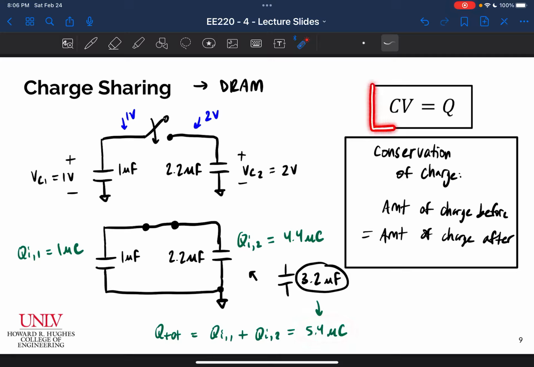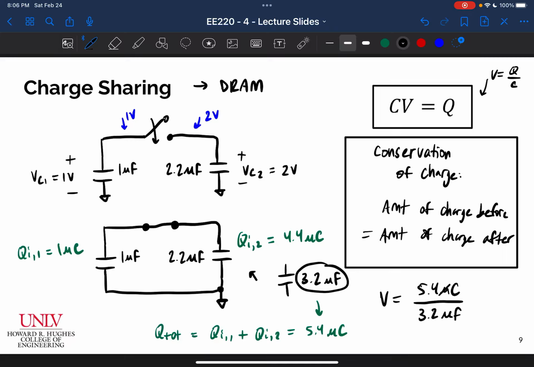So if I just rearrange this equation to solve for V, I can figure out what this node voltage is, okay? V, if I were to rearrange this, would be Q over C. So if I write my final charge, which I know is 5.4 microcoulombs, and my new capacitance, which is 3.2 microfarads, well, the micro cancel, so I should get units of just volts.